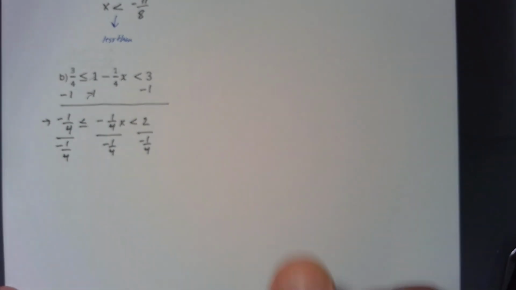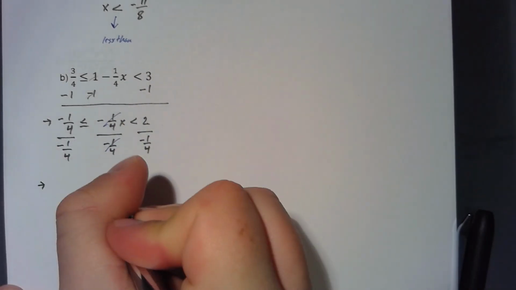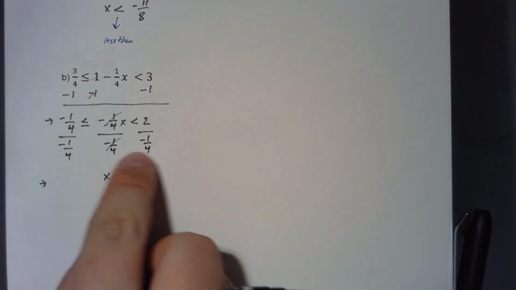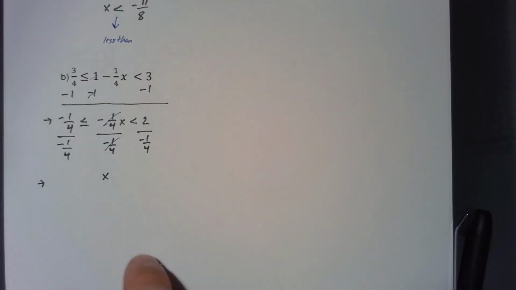Okay. So that cancels. Now, my x is still in the middle, but remember, we divided by a negative number. So the inequalities are going to flip.